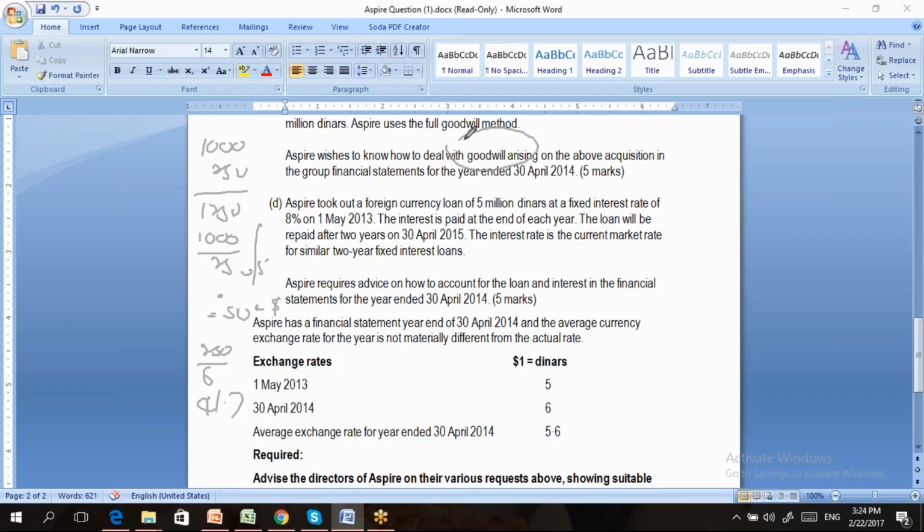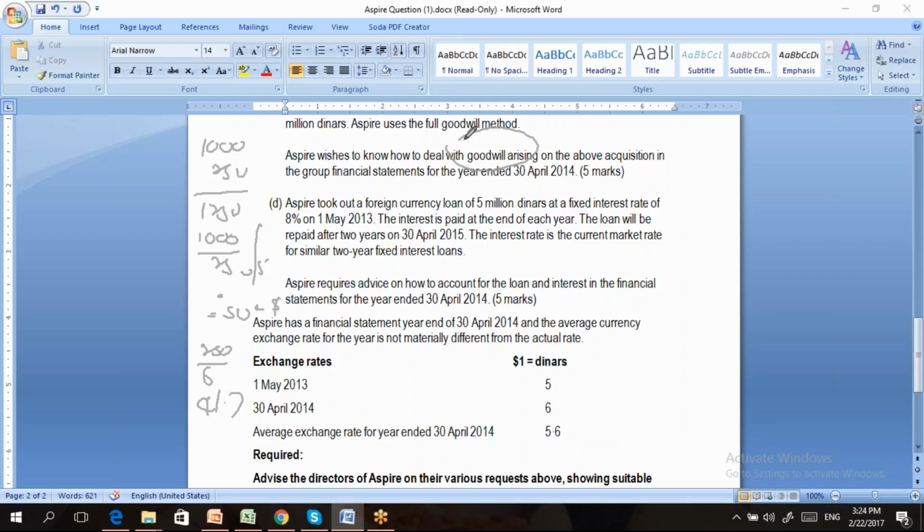But generally, we will have the closing balance sheet. We have to convert all the assets, remove the profit. Profit we will be taking up at the average rate. So it's a bit of a complicated one. The net assets at the beginning of the year and net assets at the closing year, we will convert at the closing rate, and any gains or loss arising will also be shown in the other components of equity.